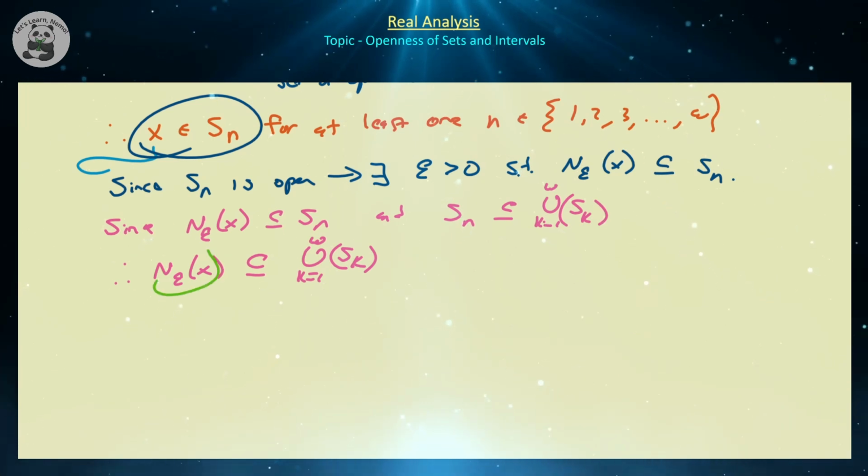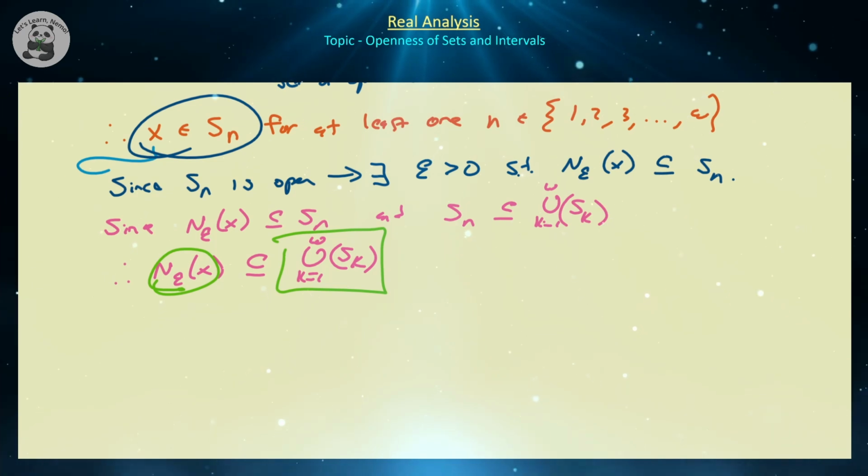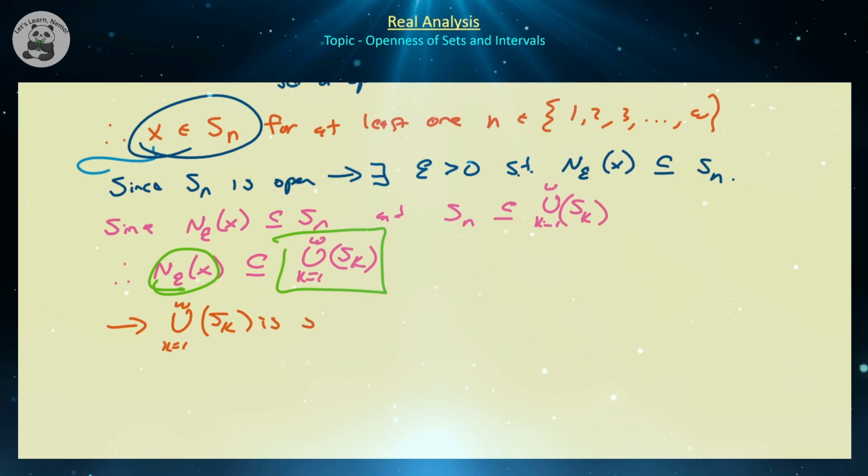So that means we have an arbitrary neighborhood within our union of sets. And if that is the case, that means the union from k equals 1 to infinity of Sk is open.